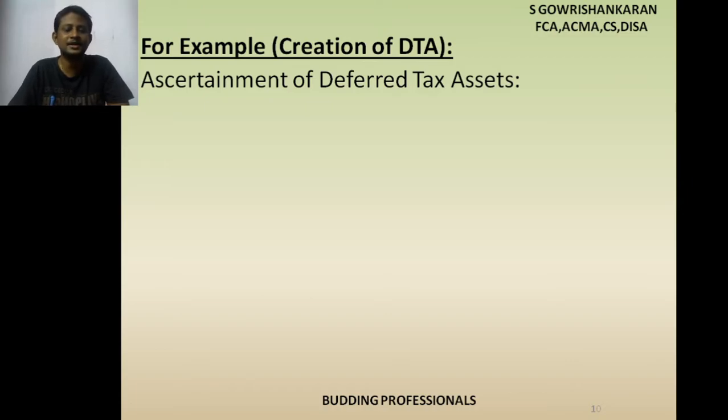DTL is deferred tax liability, which is created when you pay less in the present year and have to pay more in a future year. But in case of DTA, deferred tax asset, it is when you pay more in the present year and have to pay less in a future year.